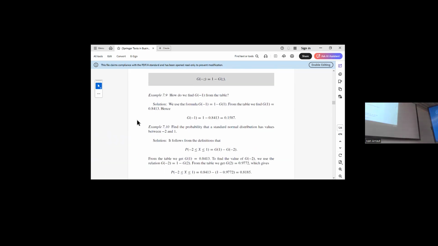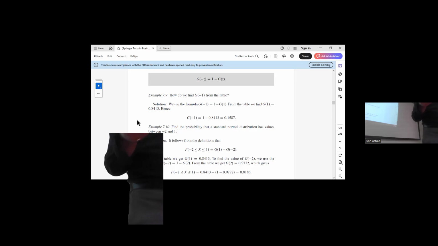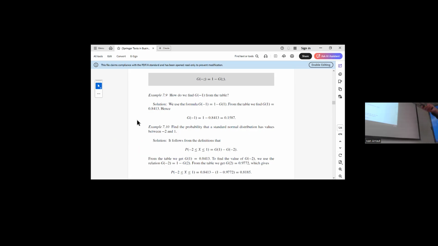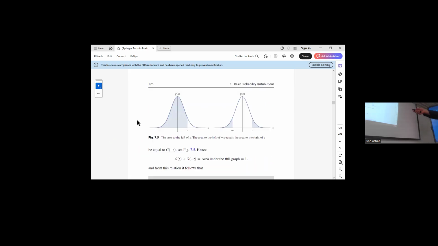When you go to the software, that will be in 2 classes or 2 sessions, you will see how to calculate this with the software in a simple way. The software normally, you have to specify if it's a standard normal distribution or normal distribution. What's the difference? The standard normal distribution has 0 expectation value and variance equal 1.